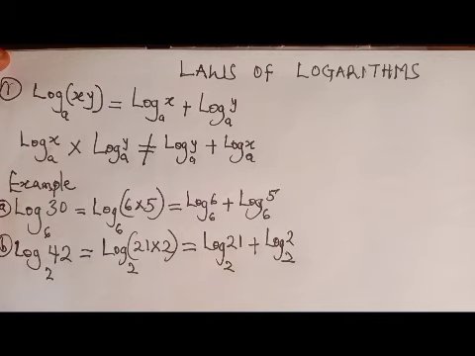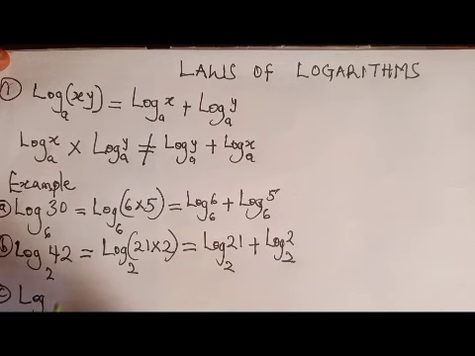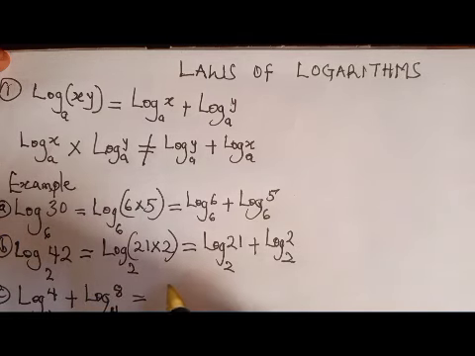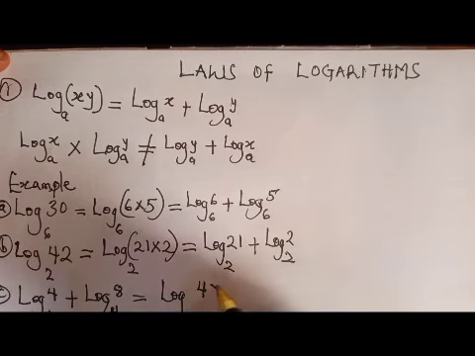And of course, we can even go from behind, meaning if I have log 4 in base 4 plus log 8 in base 4, it simply means that this is where I am coming from: log 4 times 8 in base 4.